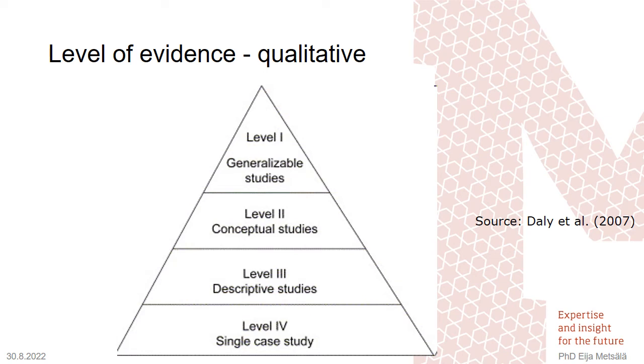Qualitative studies' levels of evidence are assessed by totally different criteria. The highest level of evidence presenting generalizable theoretical studies. Second level evidence presented conceptual studies where, for example, associations of different concepts are studied with rigorous methods.